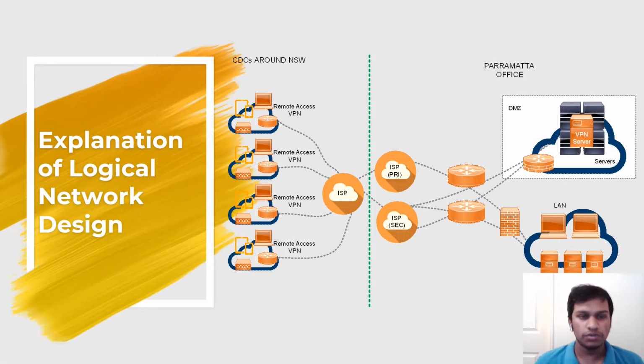Coming to the logical network design, in the main office we have two internet service providers, a primary one and a secondary one. We have two because if we lose one, we'll get the internet from the second one.